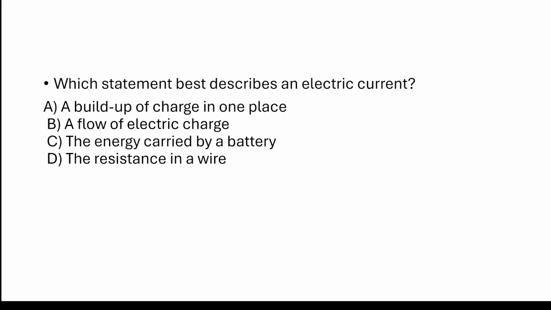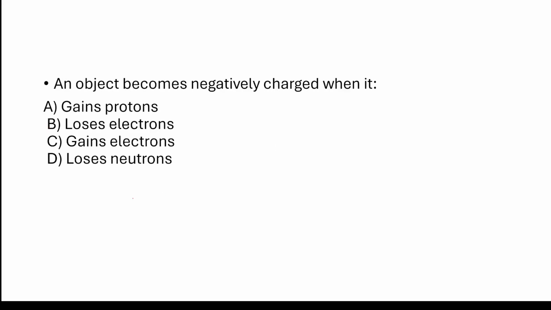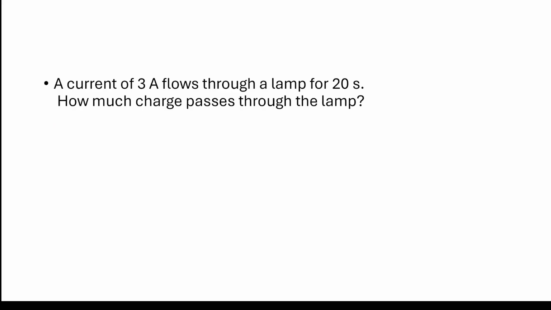Now, just a quick test. Pause and try to answer it yourself. If you've done that, it is just this one, and the second object becomes negatively charged, obviously, when it gains electrons, because electrons are negatively charged. A question on the equation: a current of 3 amps, so this is I, time is 20 seconds.